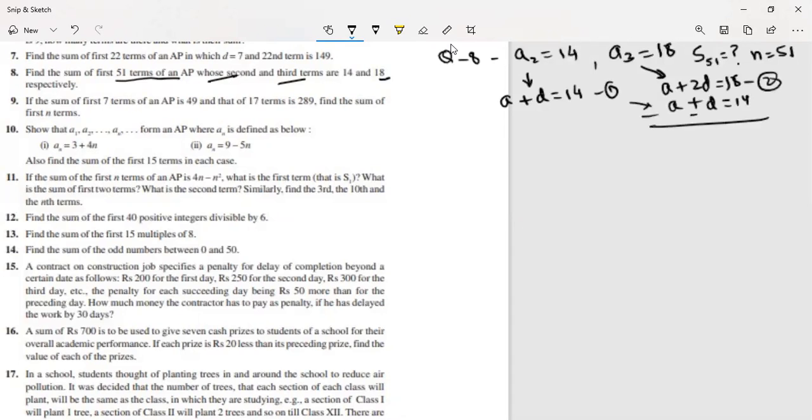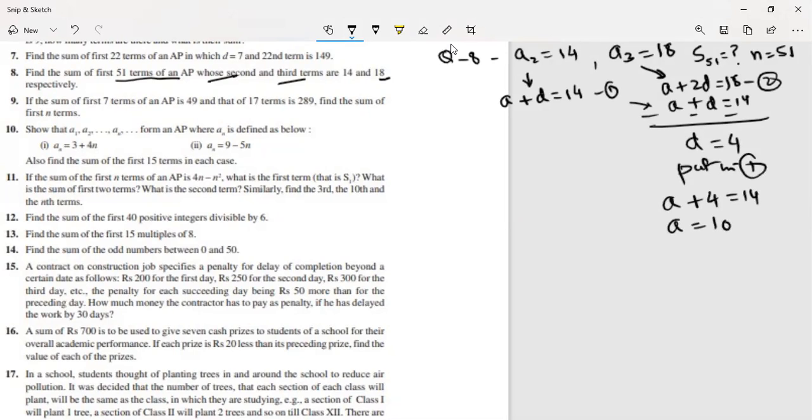A will cancel, 2D minus D is D, 18 minus 14 is 4. D you have to put in equation number 1. A plus D, with D replaced by 4, is equal to 14. So A is equal to 10.